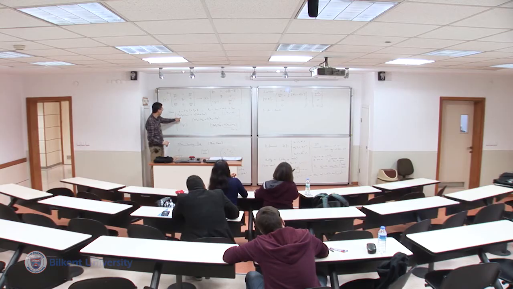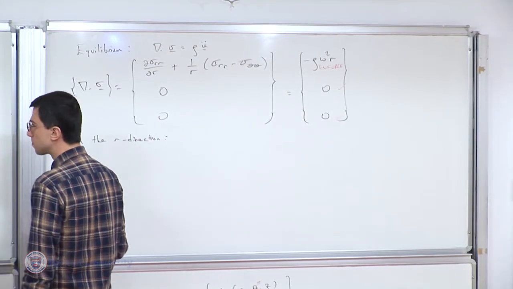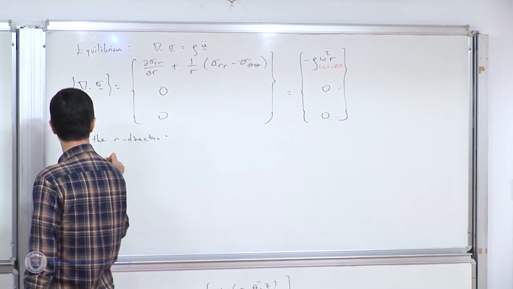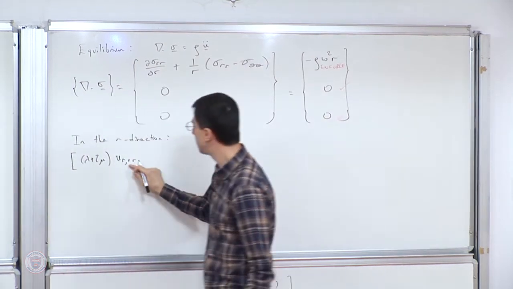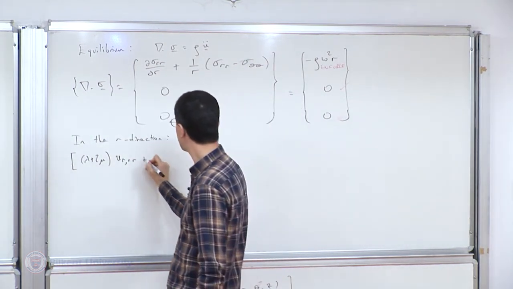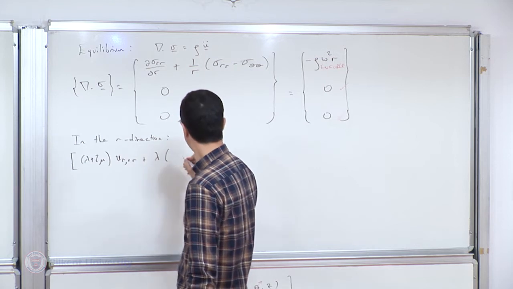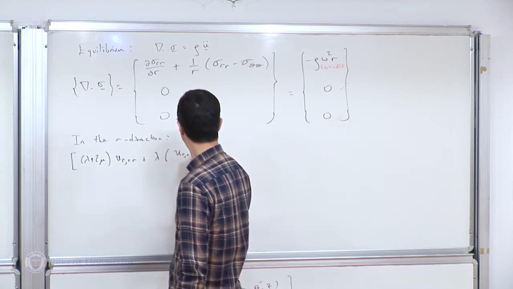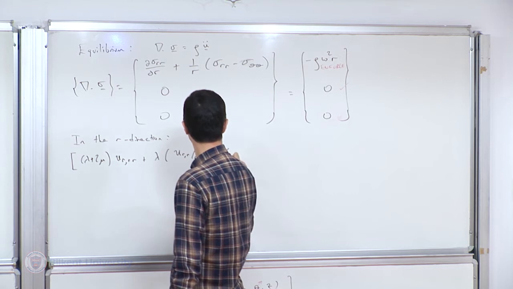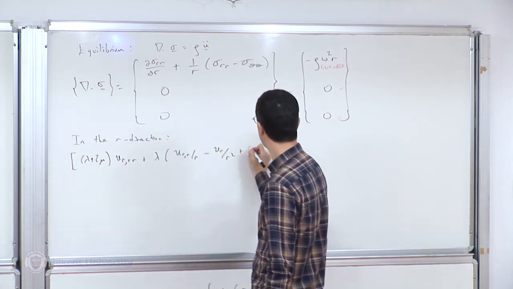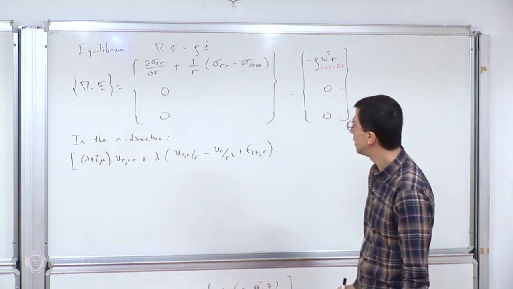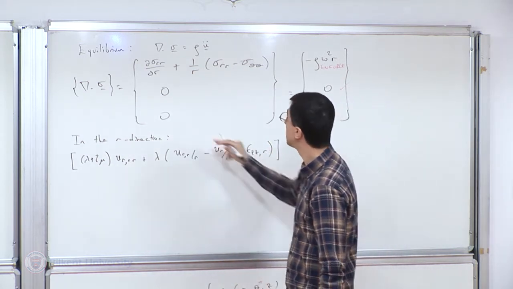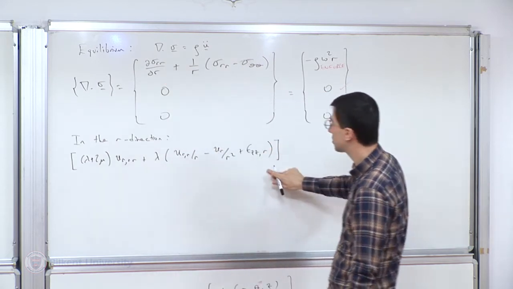This is sigma rr, so derivative with respect to r. That's the first component: lambda plus 2 mu, u r comma rr, two derivatives, plus lambda multiplying first u r comma r over r, and then minus u r over r squared, and then epsilon zz with respect to r. So that is the del sigma rr over del r term.